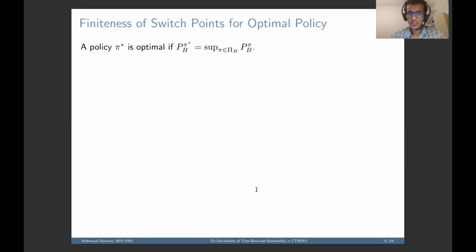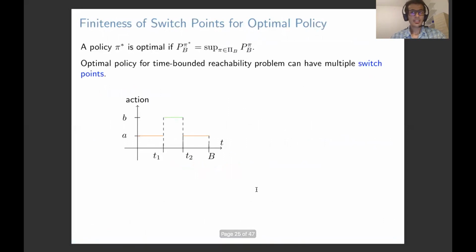As I mentioned before, the optimal policy for the time-bounded reachability problem for CTMDPs can be stationary, but it can also have multiple switch points. Here is an example of such a policy that has two switch points at time points T1 and T2.